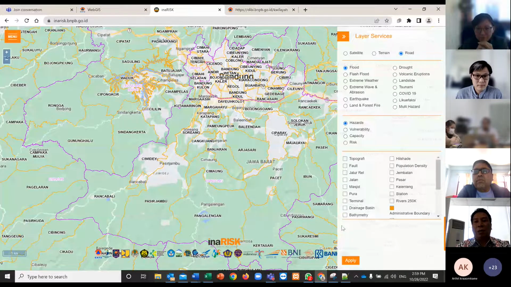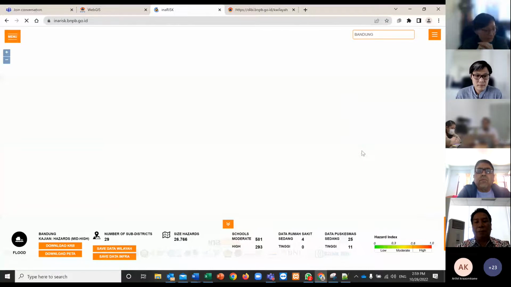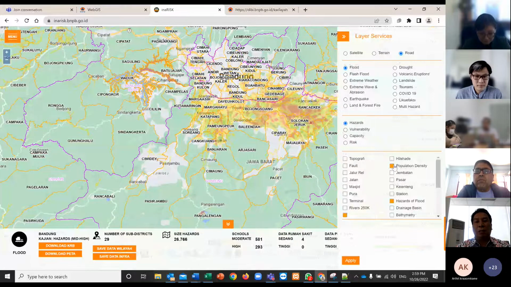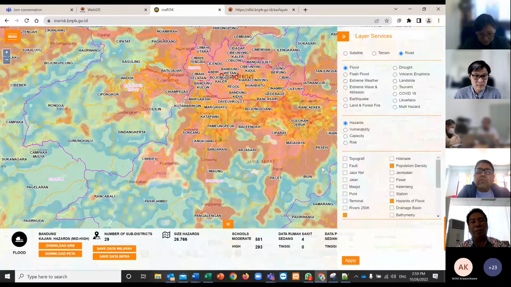Let's say I take one sample, which is flood. This is the potential flood in that area. Then for the population data, based on the statistics, we try to develop what we call a spatial population density. This is not based on administrative boundaries, but on spatial population density. We try to calculate the population exposed to the hazard in that district.